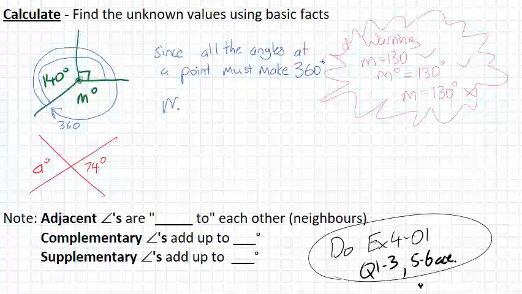And we could say, well, M must be whatever's left over if we want our 360, but we take away the other angles that we've already used up. So we take away 140 degrees.